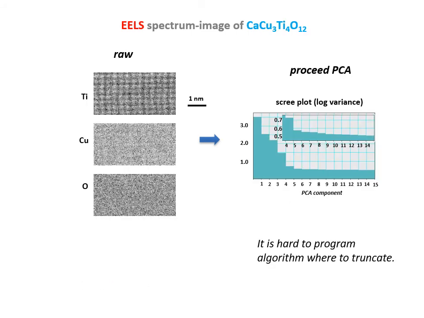The last example, an EELS spectrum image of another perovskite structure. You can see originally the titanium lattice, very slightly the copper atomic columns, and nothing about oxygen. And again, we are doing PCA, and as previously, it's very hard to decide automatically where to truncate with the help of the scree plot.